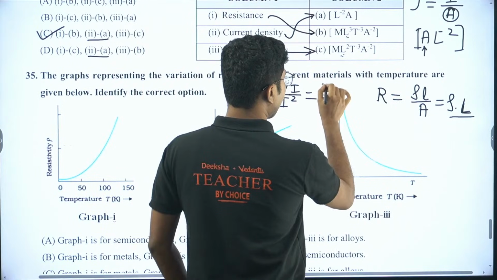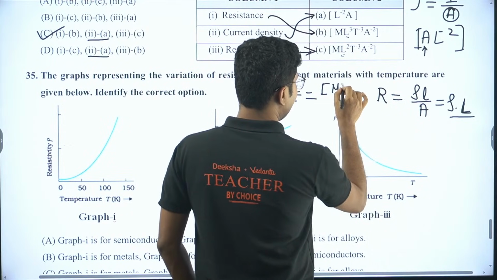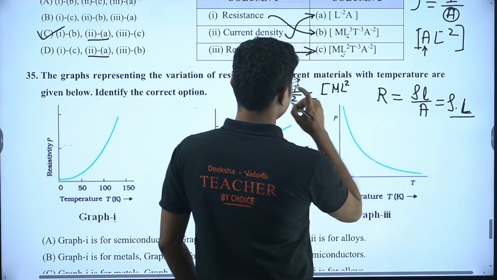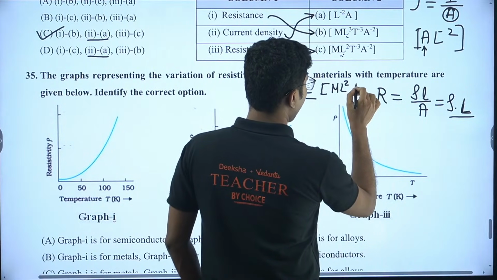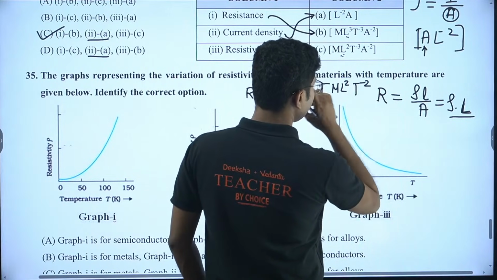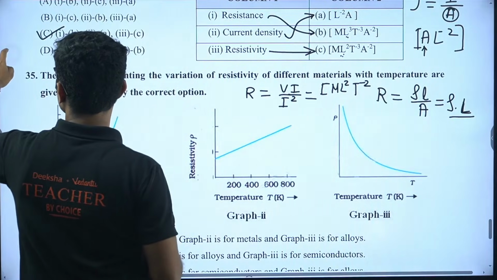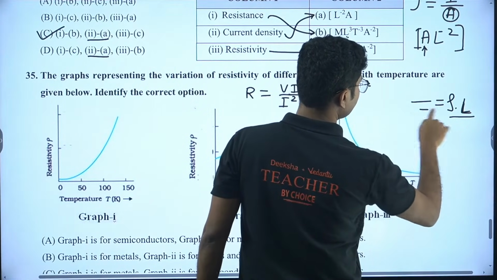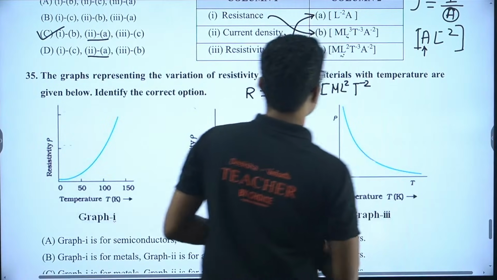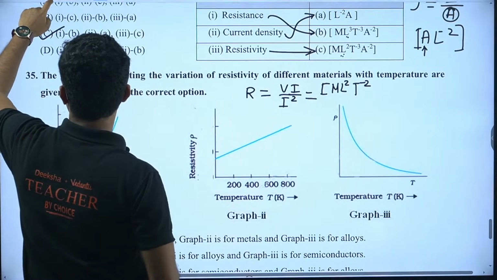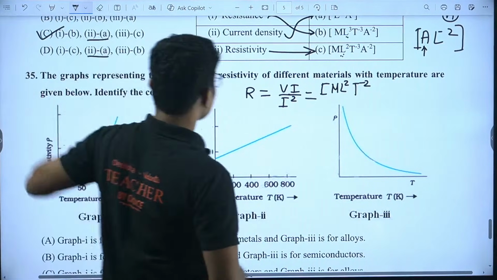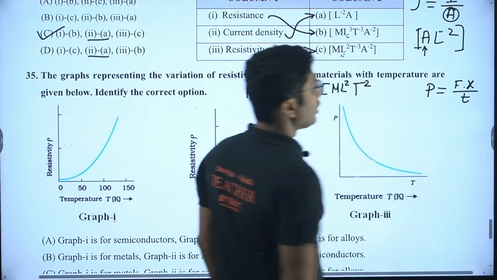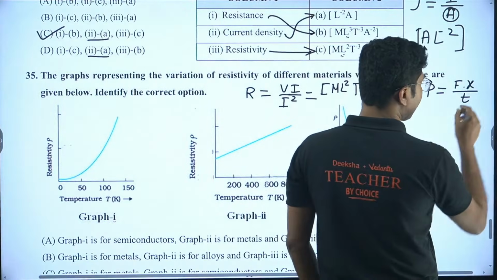What is the dimension of power? Power is force into displacement divided by time, that is work done by time.